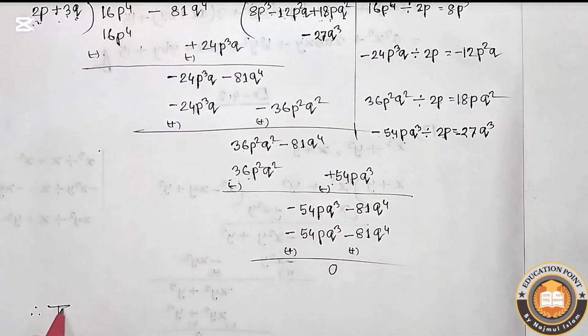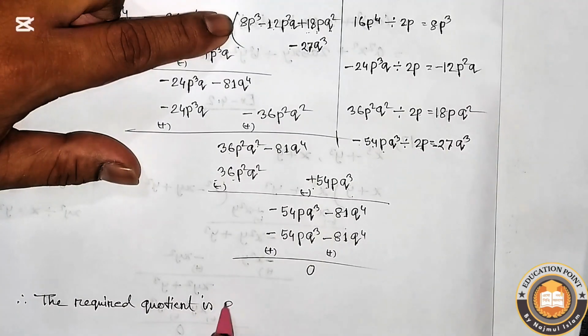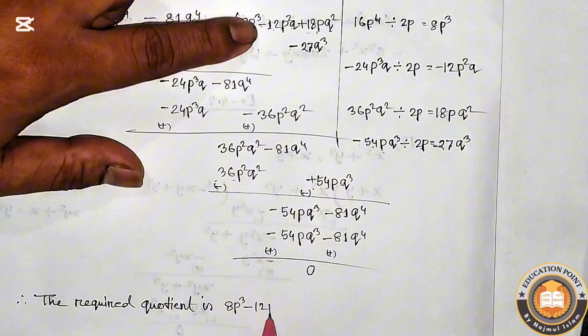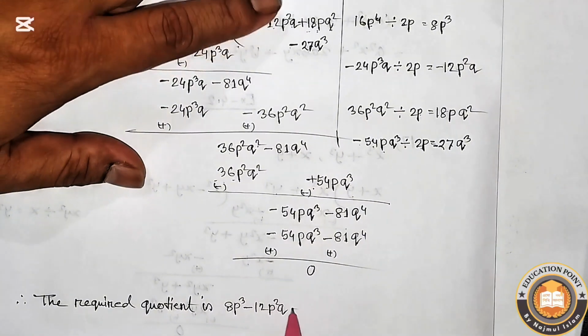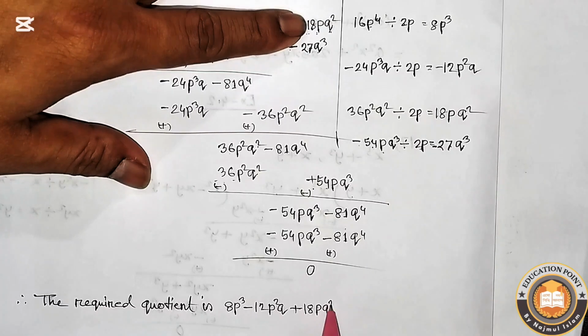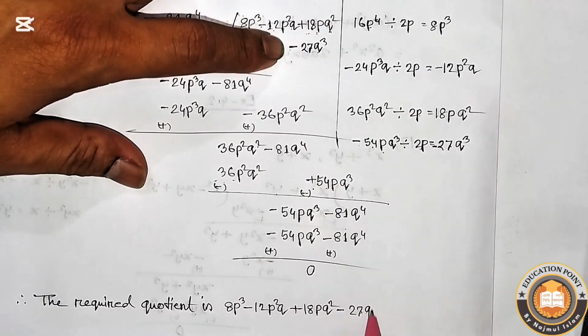So the required quotient is 8p cube minus 12p square q plus 18p q square, then minus 27 q cube.